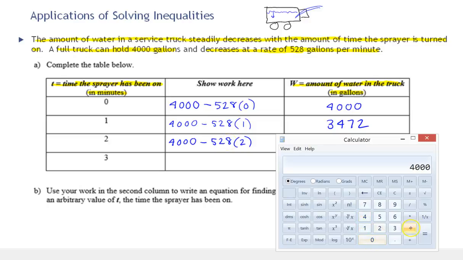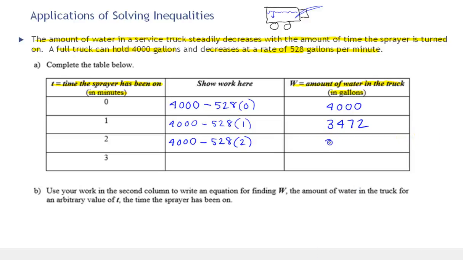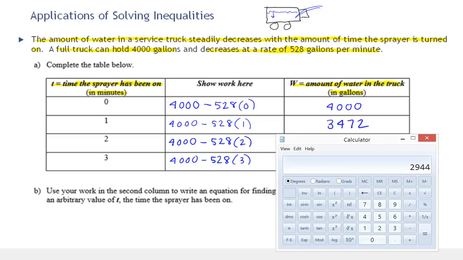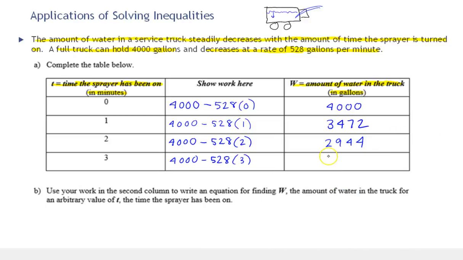So 4,000 minus 528 times 2 gives us 2,944 gallons of water. And finally, after 3 minutes, we start with 4,000 gallons, subtract off 528 gallons a minute for 3 minutes, and that gives us 2,416 gallons of water after the sprayer has been on for 3 minutes. Let's look at the next question.